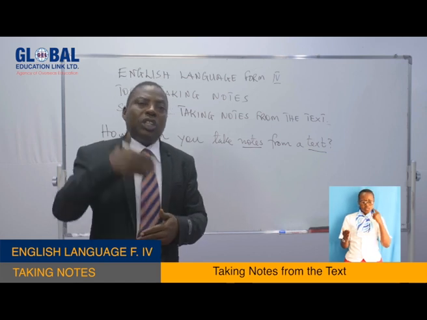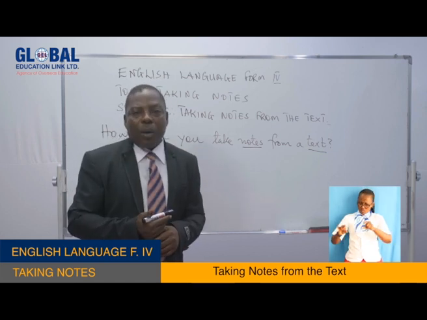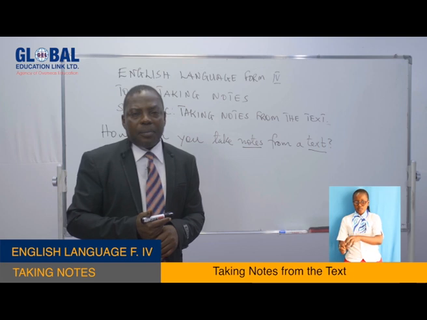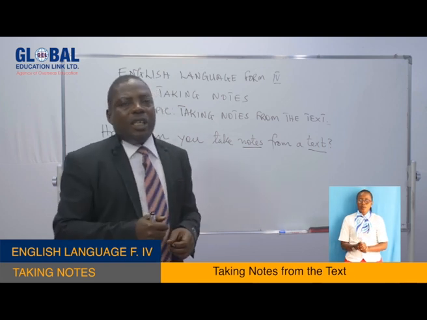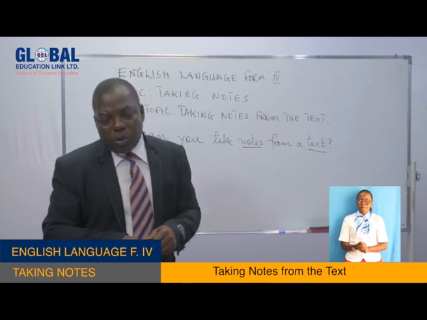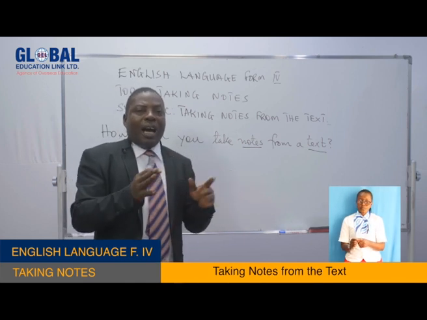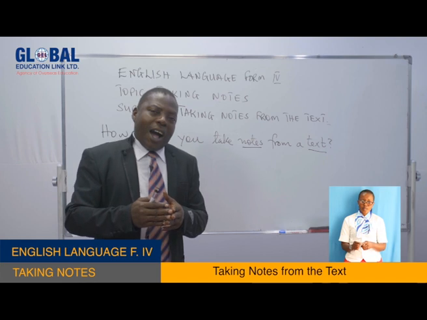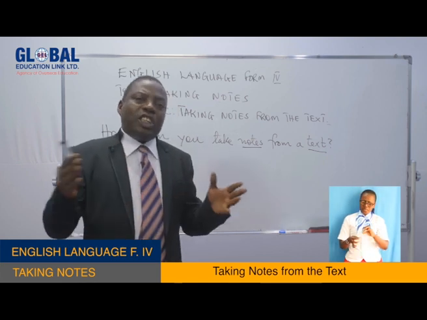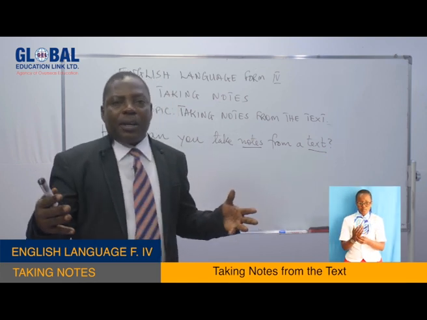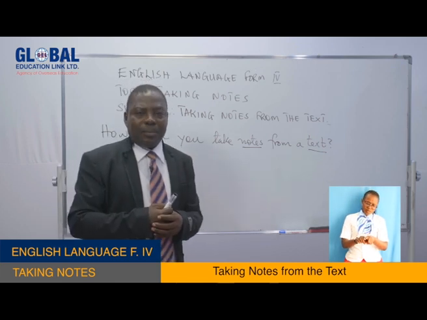So you need not put it down as an additional point. Let us see these linking signals, and from those, I'll try to tell you what kind of relationship they bring in sentences.